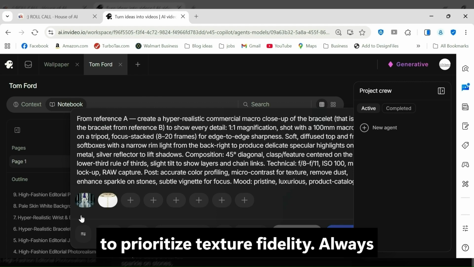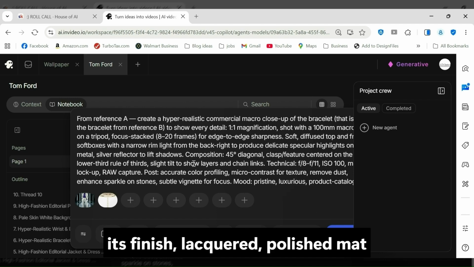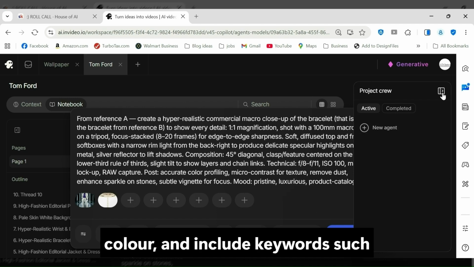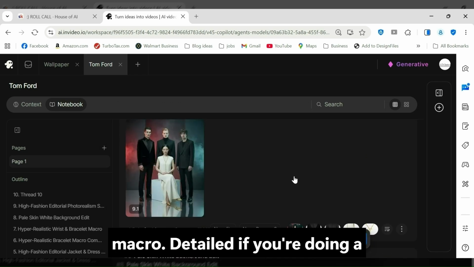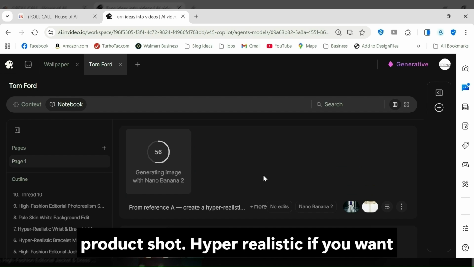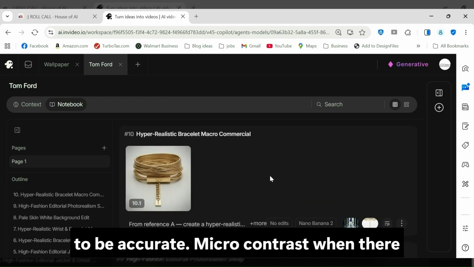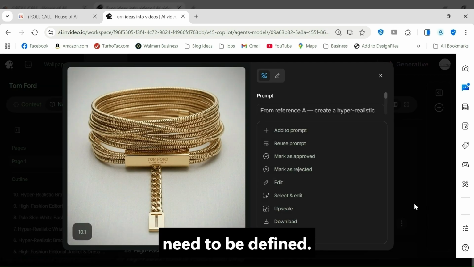Always clarify the type of material, its finish, lacquered, polished, matte, color, and include keywords such as macro-detailed if you're doing a product shot, hyper-realistic if you want to be accurate, micro-contrast when there are different textures clashing and they need to be defined.